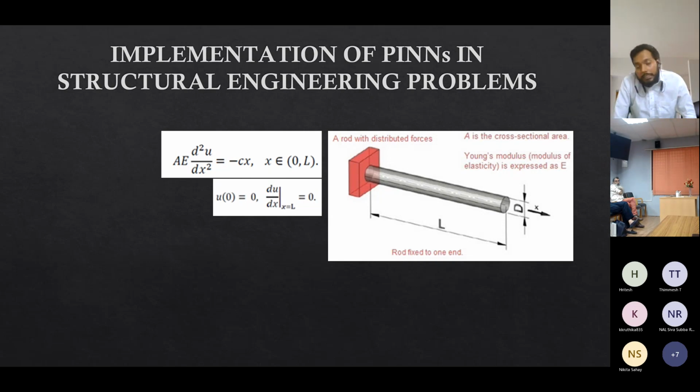When we solve this differential equation, there are certain steps we should consider. The first step is that we have to input the data for the neural network and the collocation points for the differential equation. As you can see, the boundary conditions are u of 0 is equal to 0 and du by dx at x equal to L is equal to 0.